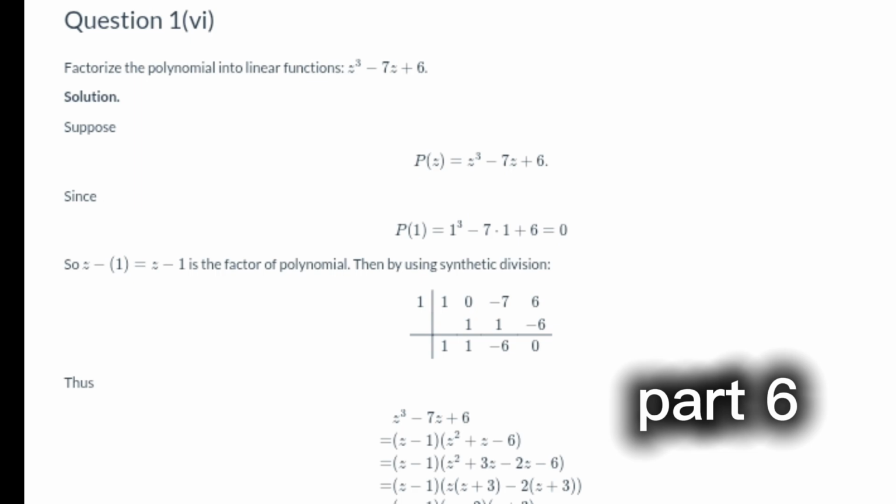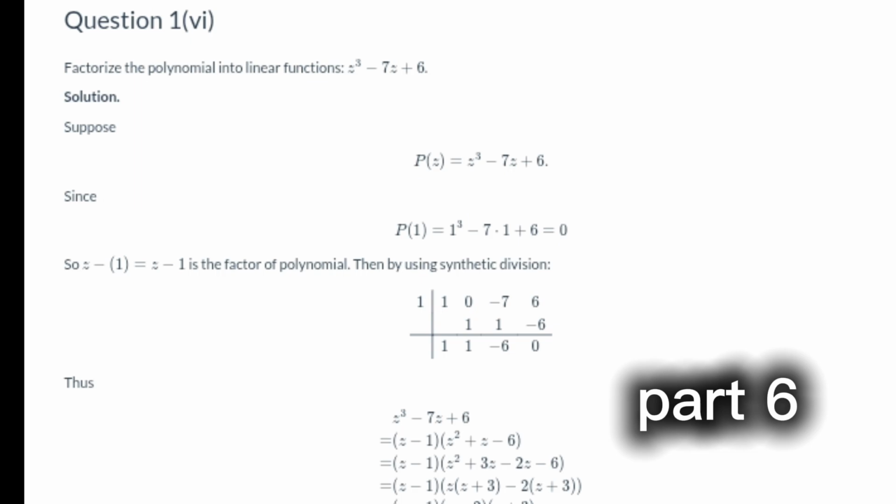Trial root. We test z equals 1. Since P(1) equals 0, z - 1 is a factor. Synthetic division. We use synthetic division with the root 1 to find the quadratic factor. The coefficients of the depressed polynomial are 1, 1, and 6. Quadratic factor. This gives the factor z² + z - 6.